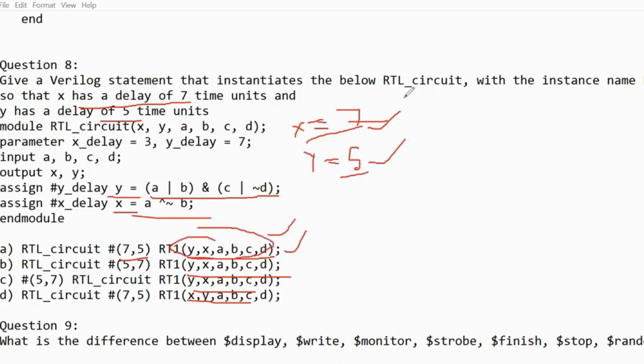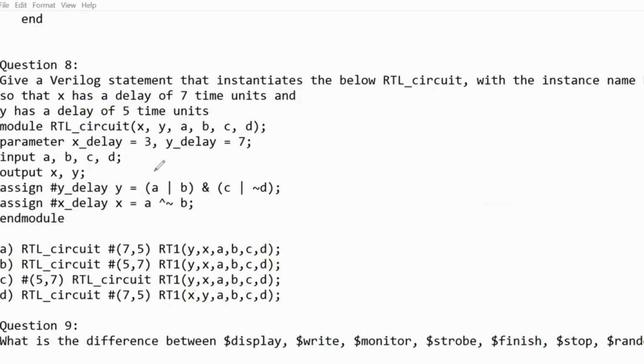Somebody can think so, but why A is not correct means whatever the port list has given here, the port list is not the same as here. Here it is x comma y and here y comma x. But however you take the port list in the design, in the test bench also you need to take the same port list. If you don't, what happens? Mismatch will occur.